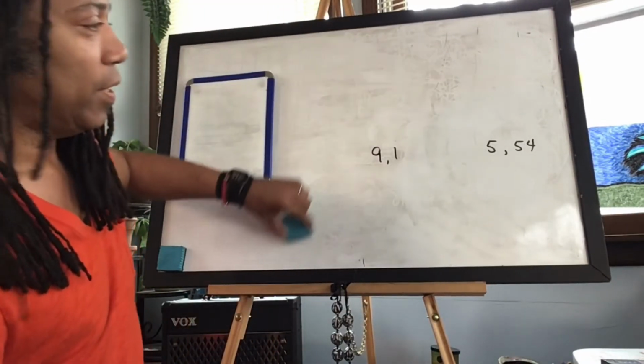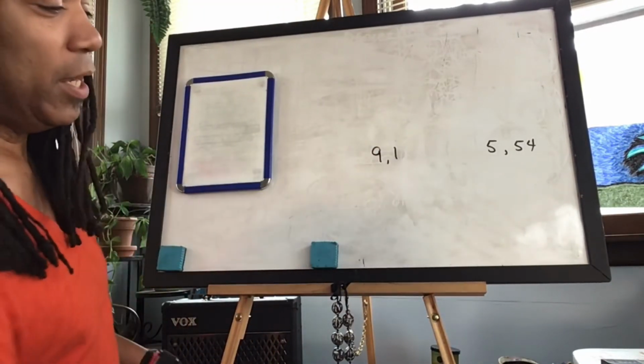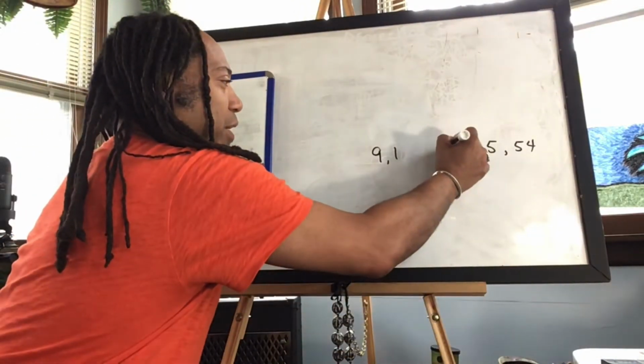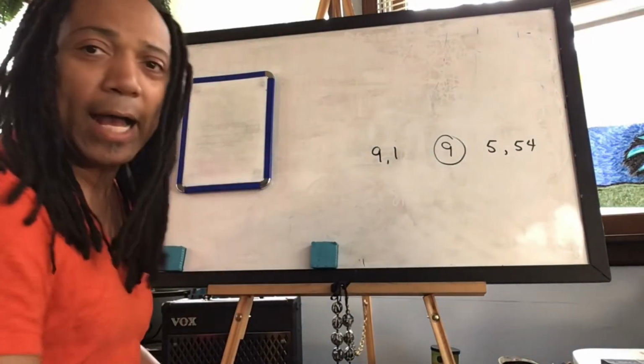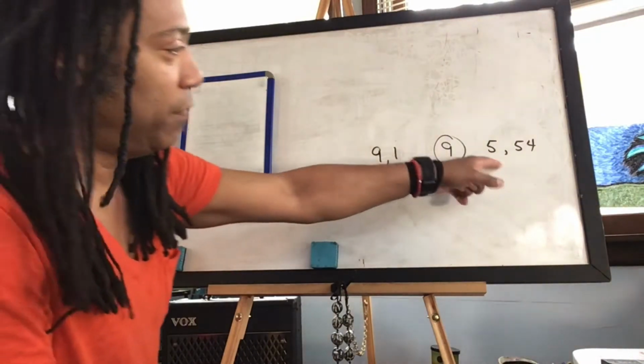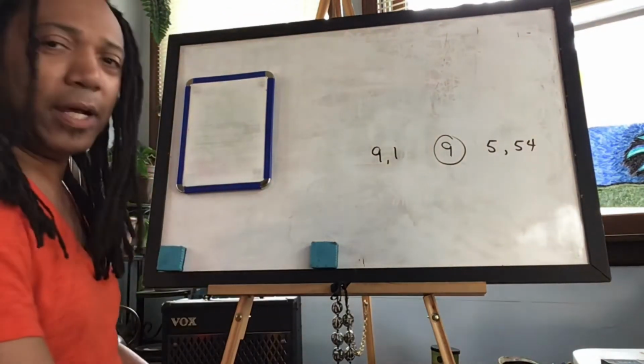So I'm taking a look at these and I got to know what my target number is, and it happens to be 9. Is there a way I can combine 5 and 54 or 9 and 1 to get 9?